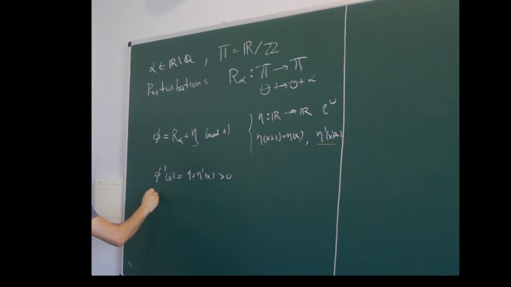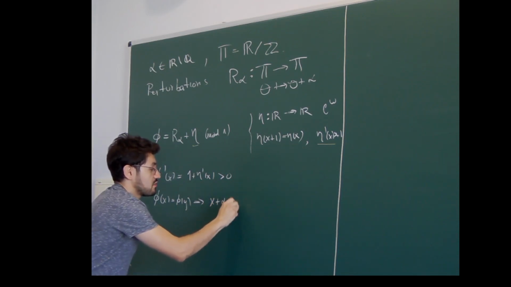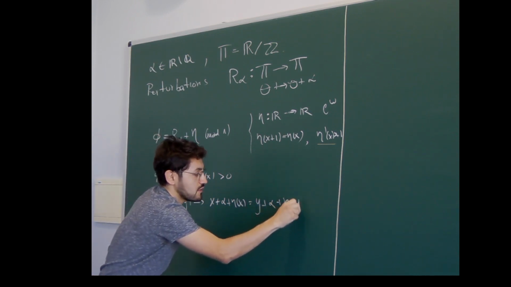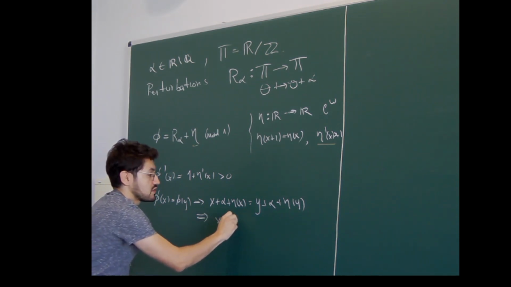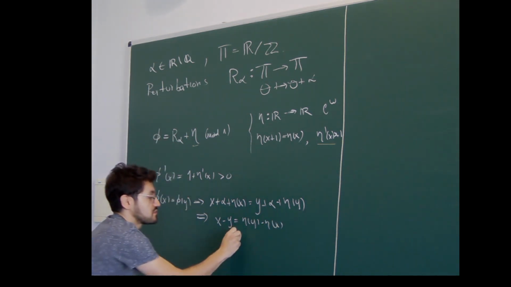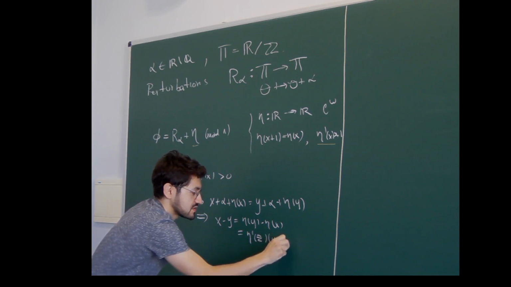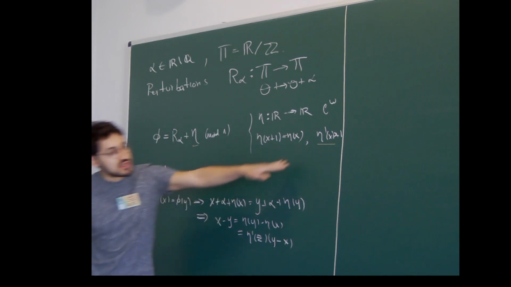If you fix two points and assume that they have the same image, this translates into x plus alpha plus gamma of x being equal to y plus alpha plus gamma of y, which you can write as x minus y equal to gamma of y minus gamma of x, and this you can see as gamma prime of some point times y minus x, which will mean that either these are equal or this has to be -1, but I'm assuming that this cannot happen.